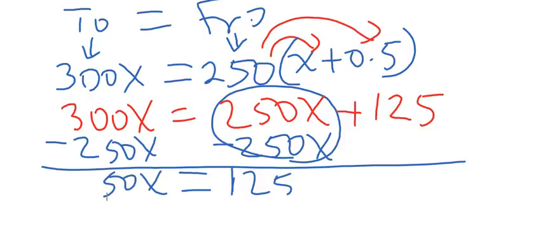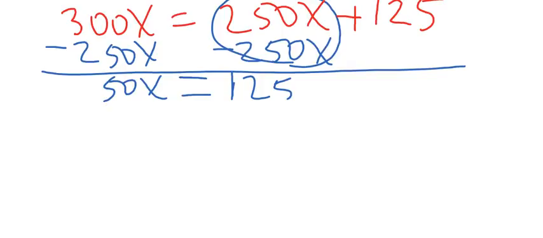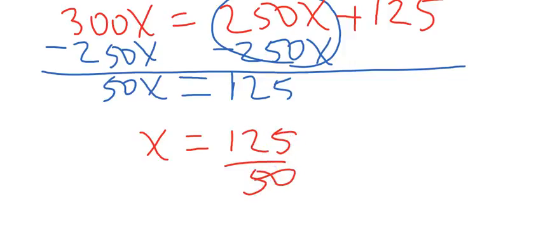So what do we do next, Jenna? You're going to divide both sides by 50. So if we divide both sides by 50, 125 divided by 50 is going to give us x. And what is it? 2.5.